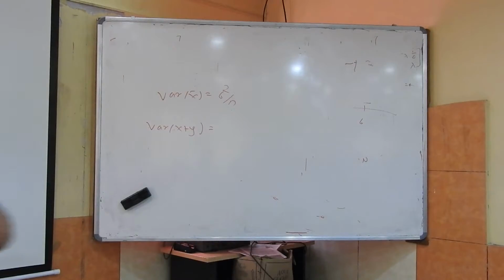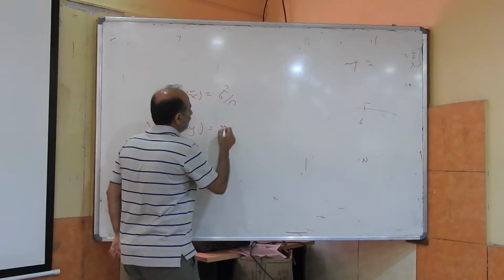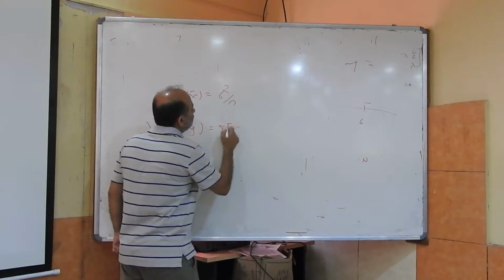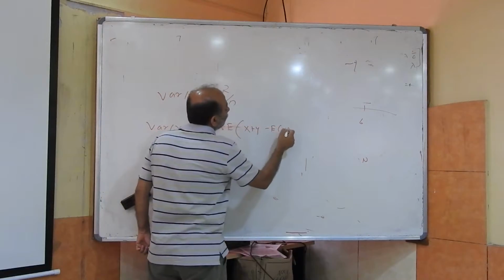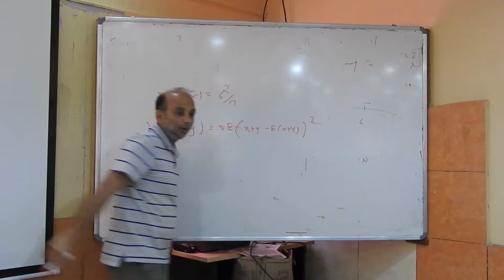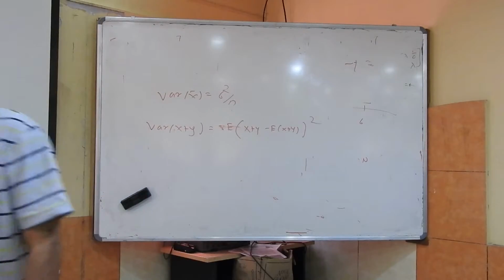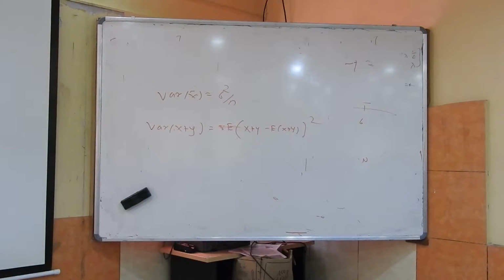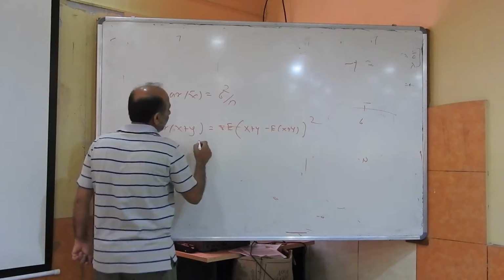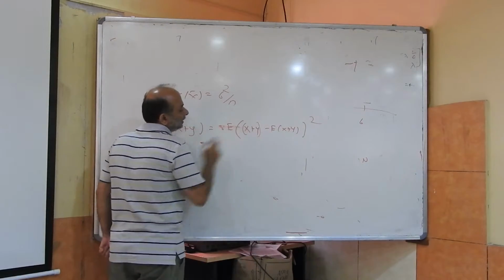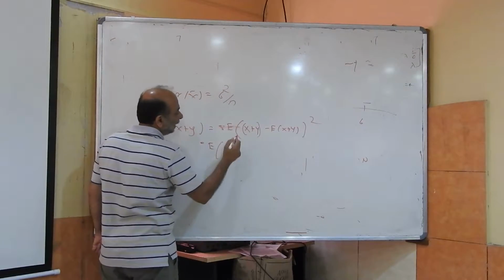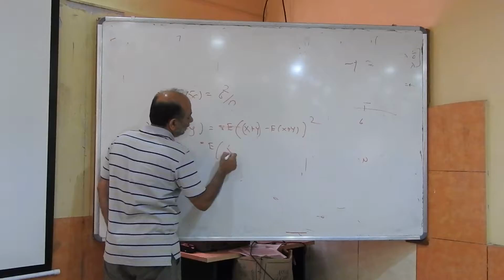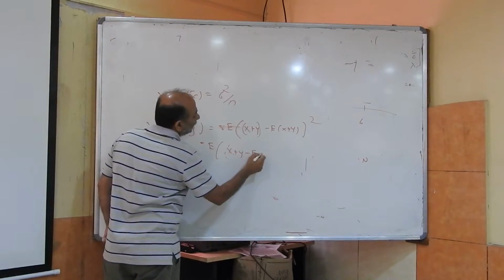So this will become the expected value of the whole square, because x plus y is z. This can be written as, so this is A, this is B. So I can simply rewrite this now simply as x plus y.